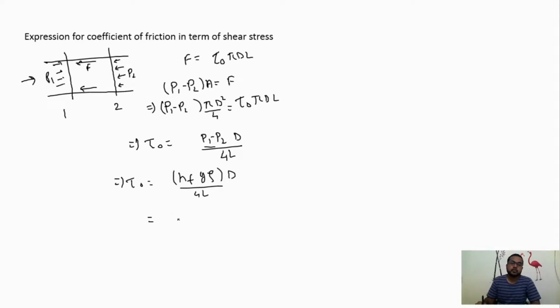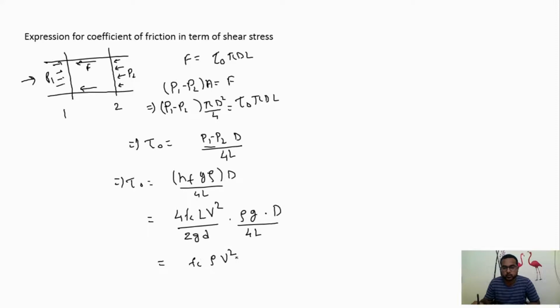Put the value of HF, 4FC L V square divided by 2 G D into rho G into D divided by 4L. So this will come out to be FC rho into V square divided by 2. This is tau naught, or you can say that FC is tau naught divided by half rho V square.